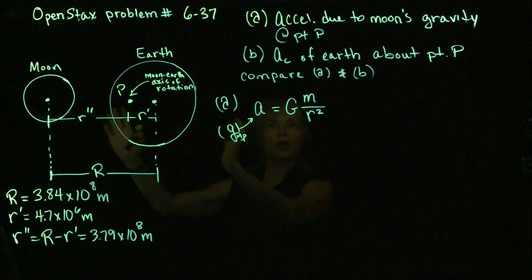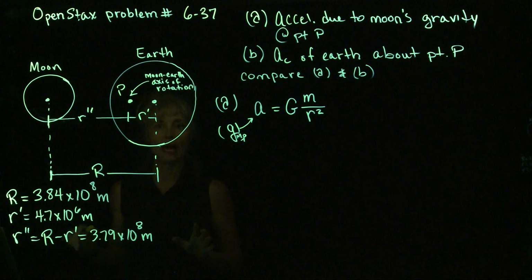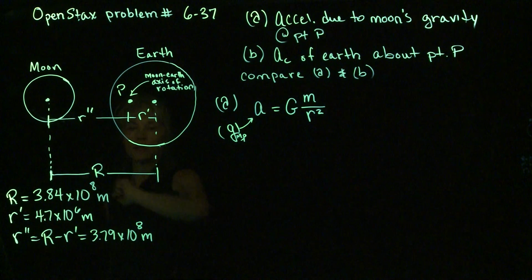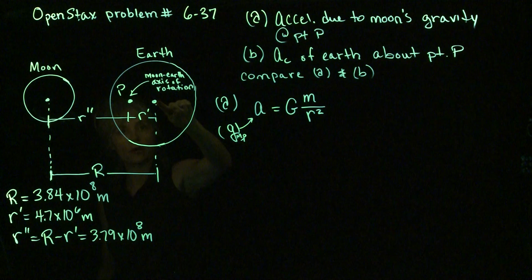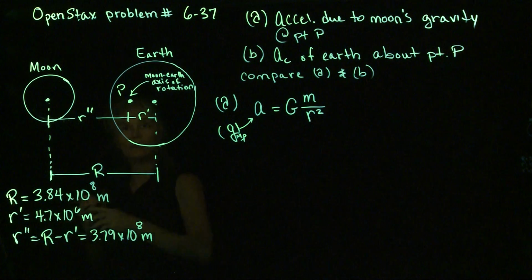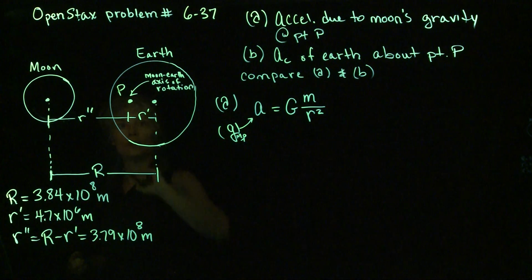So let's look at our picture here and notice all of these things that we have defined. Notice that the moon is here and the center of the moon is shown as a dot. The earth is here. The center of the earth is shown as this dot. This point, which is labeled as point P, is the moon-earth axis of rotation.